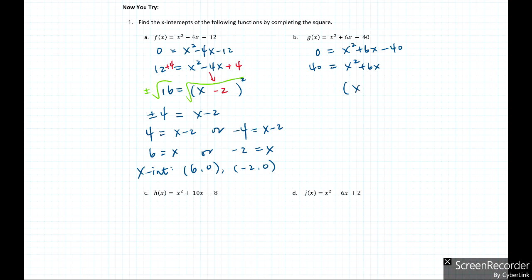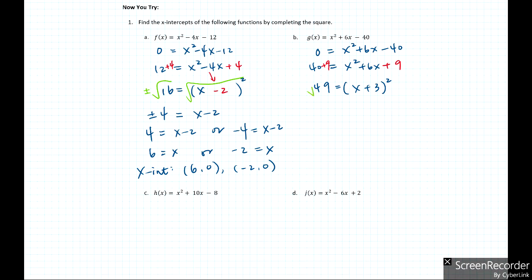So we'd have x, and we'd have half of 6, which is 3, so positive 3 squared. And thinking about what to add, it comes from the last times last, which would be 3 times 3, or 9. Whatever we do to one side, we gotta do it to the other side, and that gives us 49 is equal to x plus 3 squared.